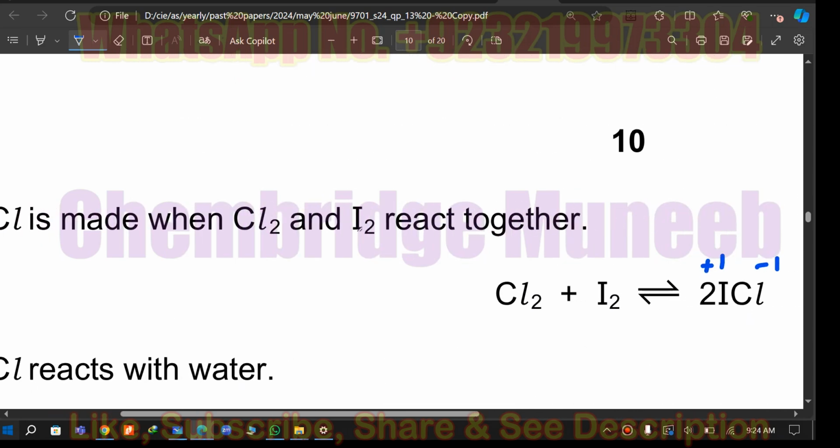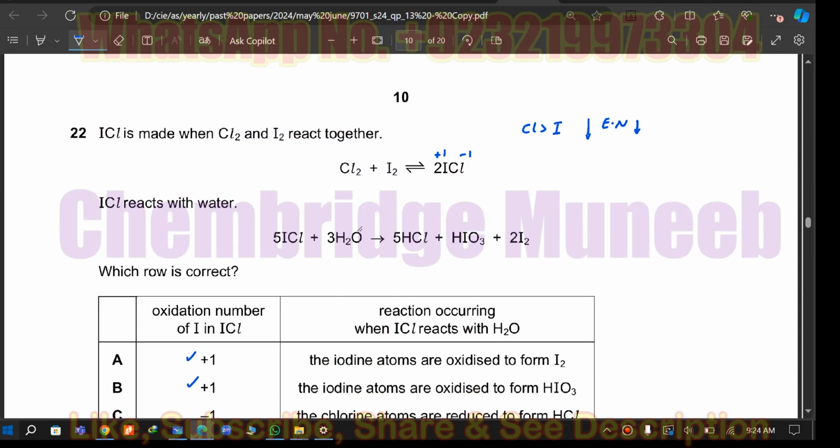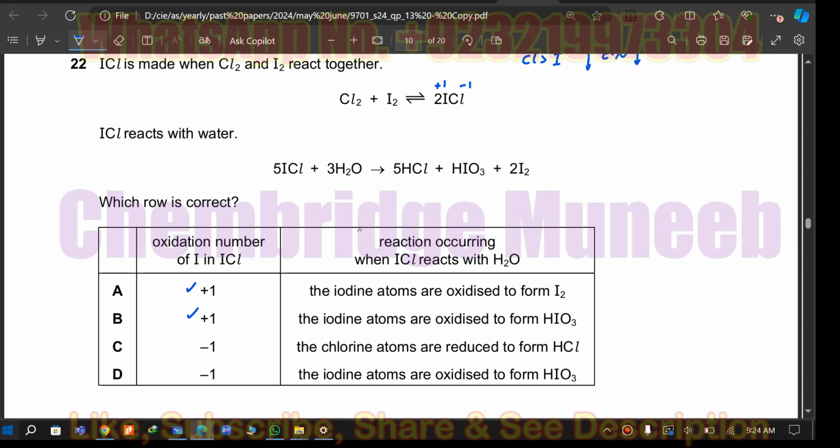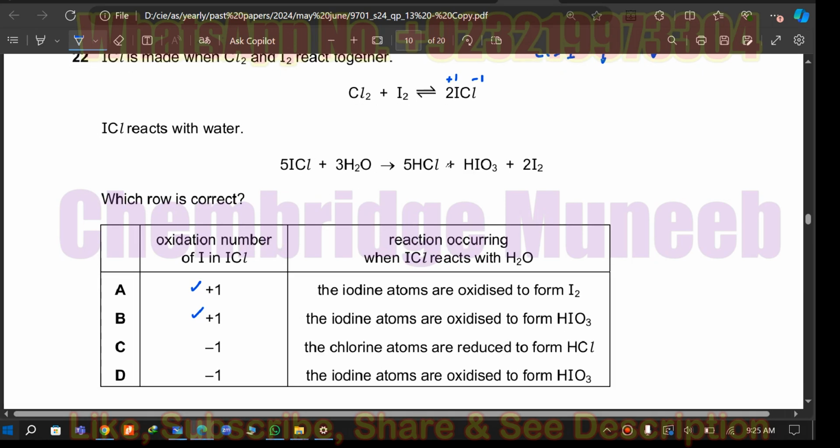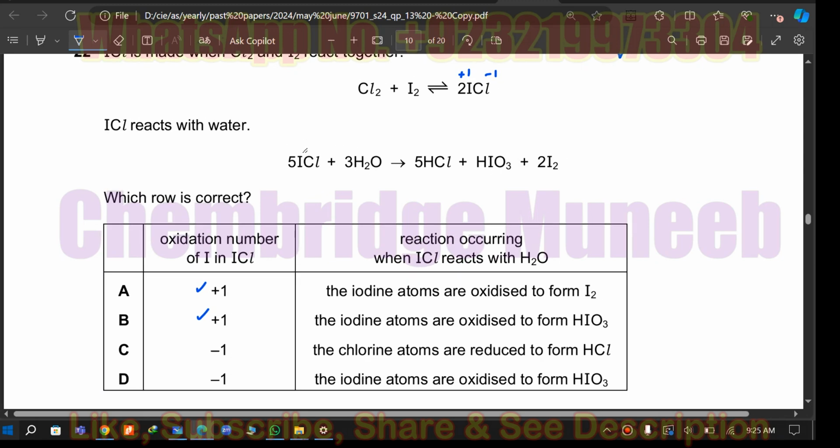Now the other column is for the reaction of ICl with water, and it says that iodine atoms are oxidized to form I2, or that iodine atoms are oxidized to form HIO3. For this purpose I have to find the oxidation number of iodine in the second reaction.